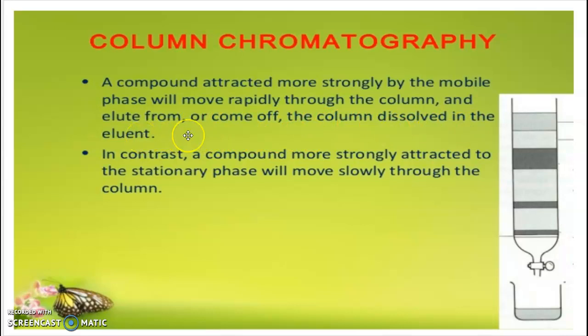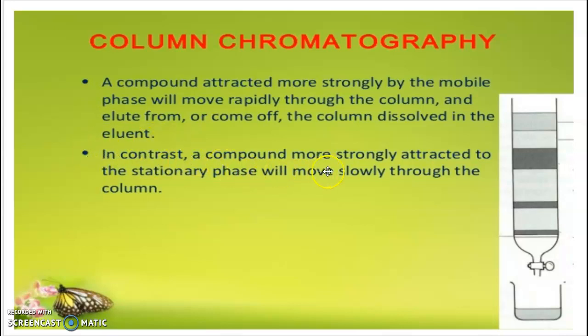See, if a component has more affinity towards the mobile phase and less affinity towards the stationary phase, it elutes first. If a component has less affinity towards the mobile phase and more affinity towards the stationary phase, it elutes next. Okay, this is the important concept of the adsorption principle.